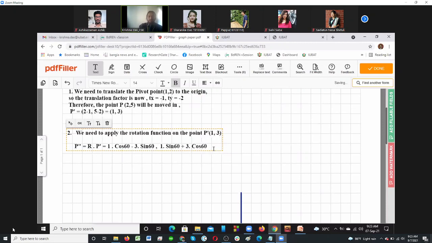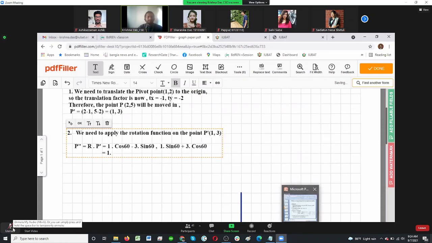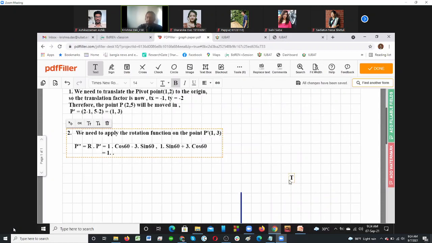Now if we put in the values, what was the value we have seen? 1 into cos 60, cos 60 is 0.5, just take 0.5.